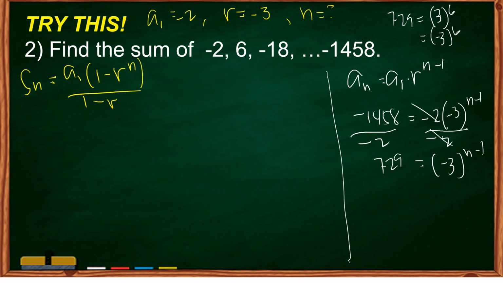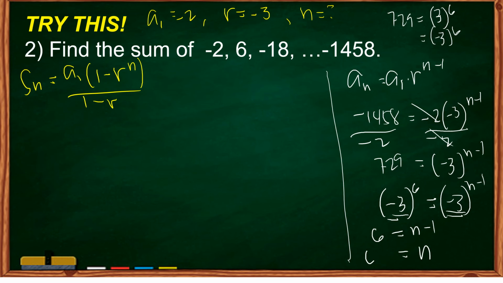Then, we can use 729 as -3 raised to 6 here. This is equal to -3 raised to n minus 1 so that they have the same base. So it follows that 6 is equal to n minus 1. We just transpose. So n equals 6 plus 1, which is equal to 7.